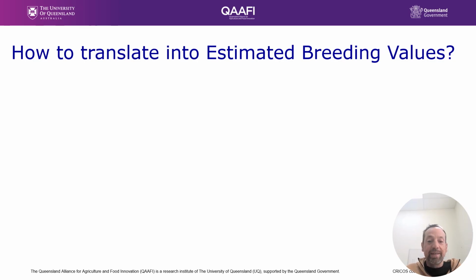So we can acquire these SNP genotypes, whether an individual is AA, AT or TT at an individual SNP, for many, many SNPs across the genome. The question is, how do we translate this into estimated breeding values? How do we use this information? So this is what I'm about to explain, which is genomic prediction.